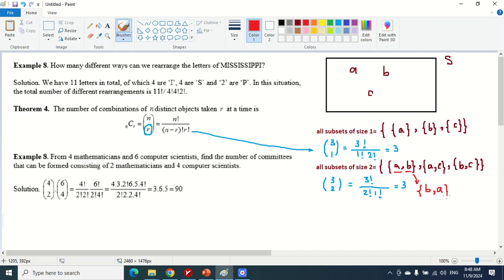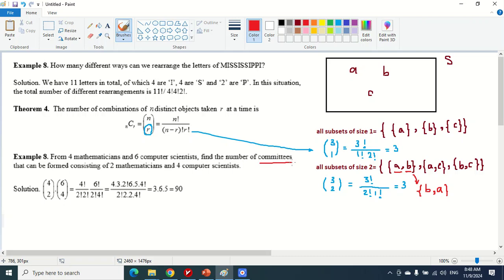So, for instance, in this example, we have 4 mathematicians and 6 computer scientists, and we want to form a committee. When we discuss committees, it means that the places of the people are not important. For instance, if I have a committee of size 3 that consists of 2 mathematicians and 1 computer scientist, it doesn't matter whether the computer scientist comes first and the couple of mathematicians comes second, or vice versa.